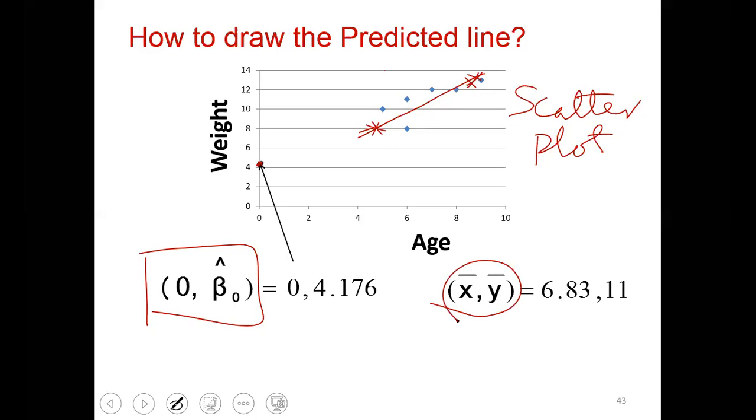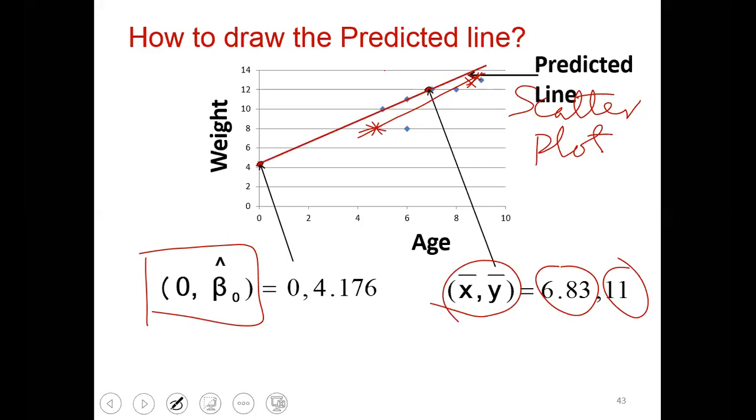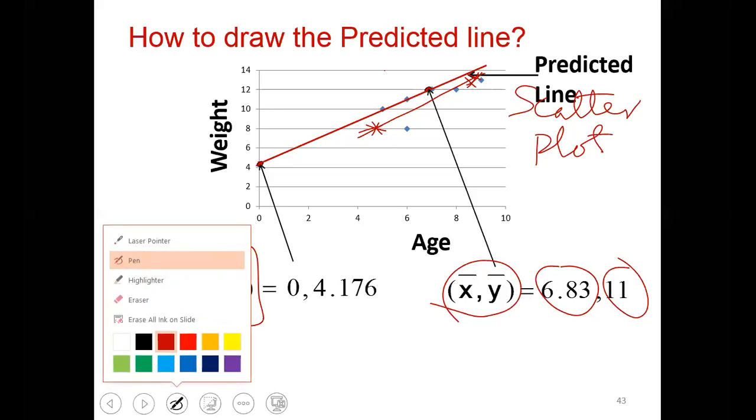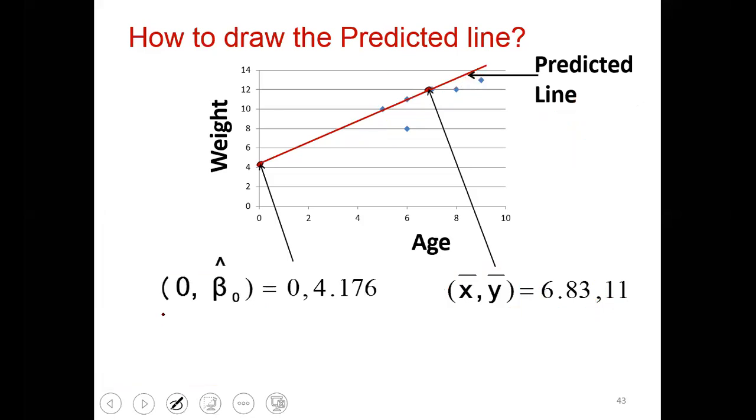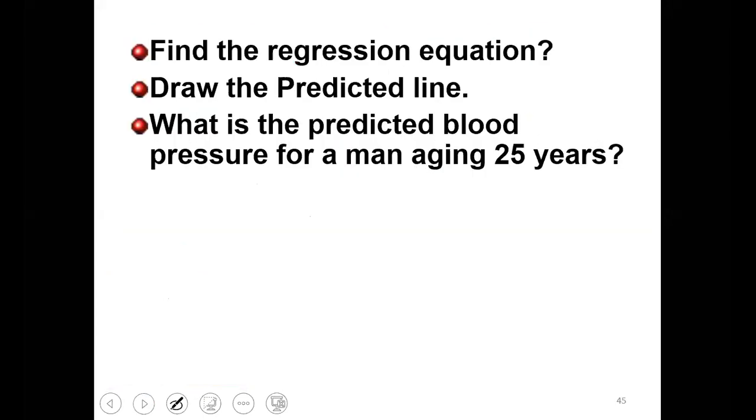We know X bar is 6.83 and Y bar is 11. Then we can draw the predicted line. So that is how you draw the predicted line. If somebody asks you to draw the predicted line, you can do it.